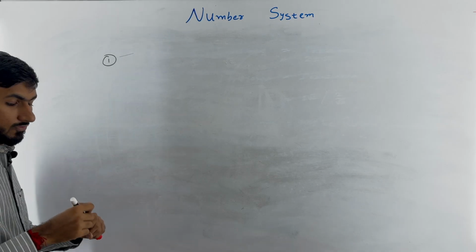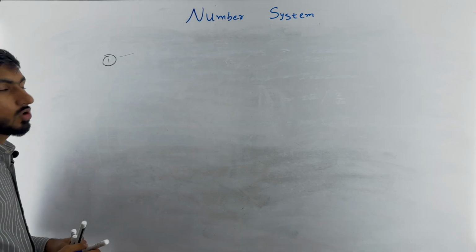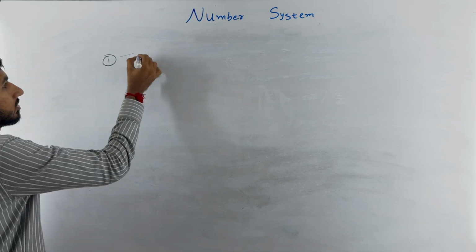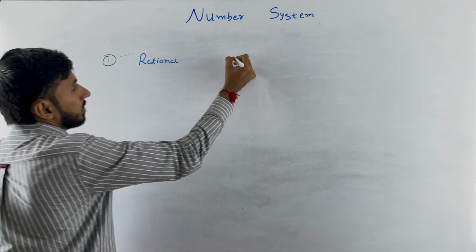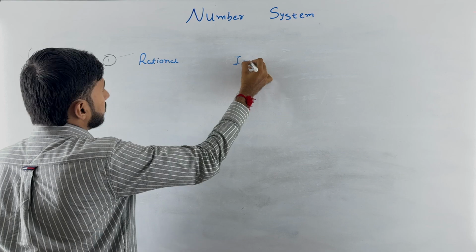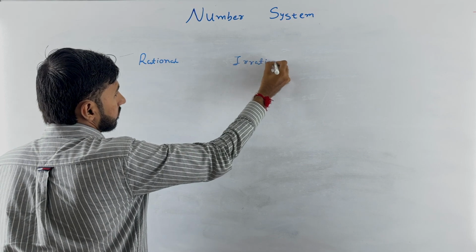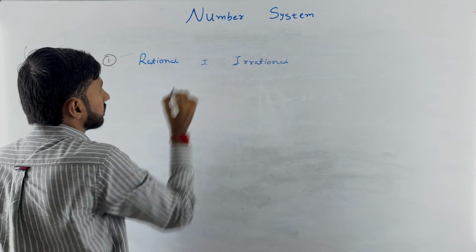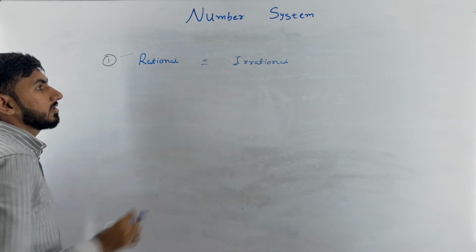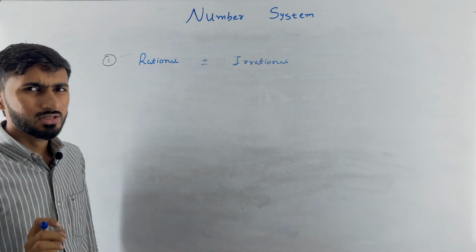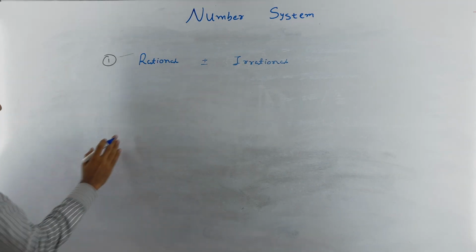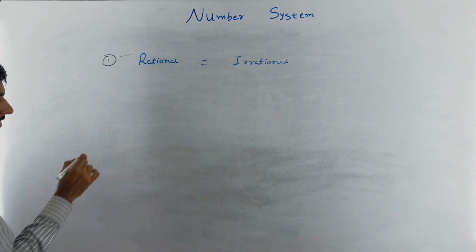Now let us take the first case, that is, what if I add one rational number and an irrational number. See, when we talk about properties, addition and subtraction are both similar cases. What I am saying is subtraction is part of addition.